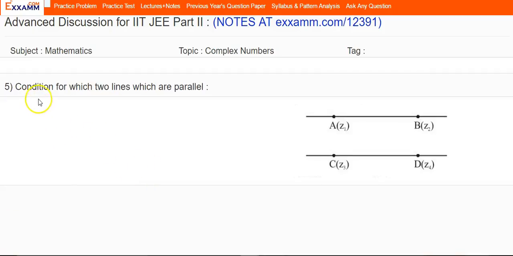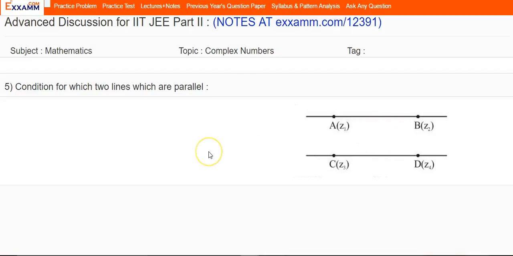Now let us consider the case and find out the condition for which two lines are parallel. In this case the process would be the same: we would use the rotation formula and say that the angle between this line and this line is the same.